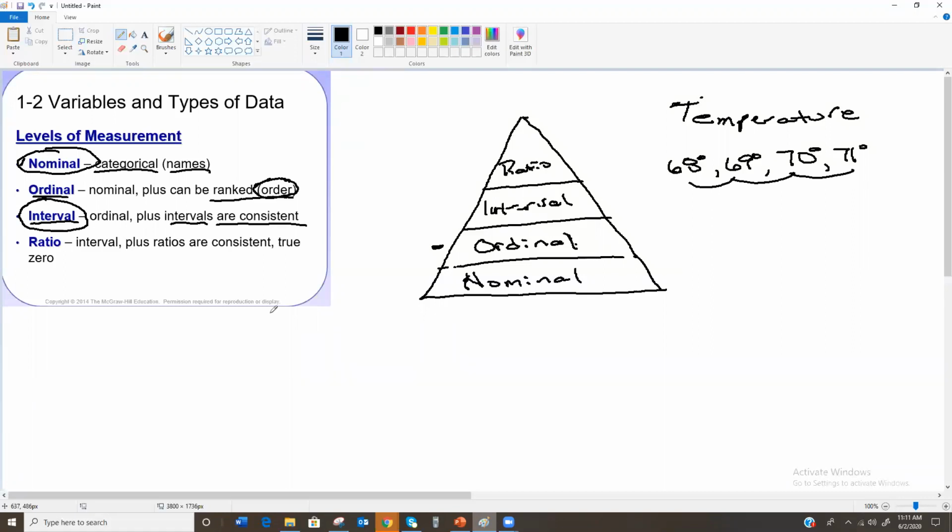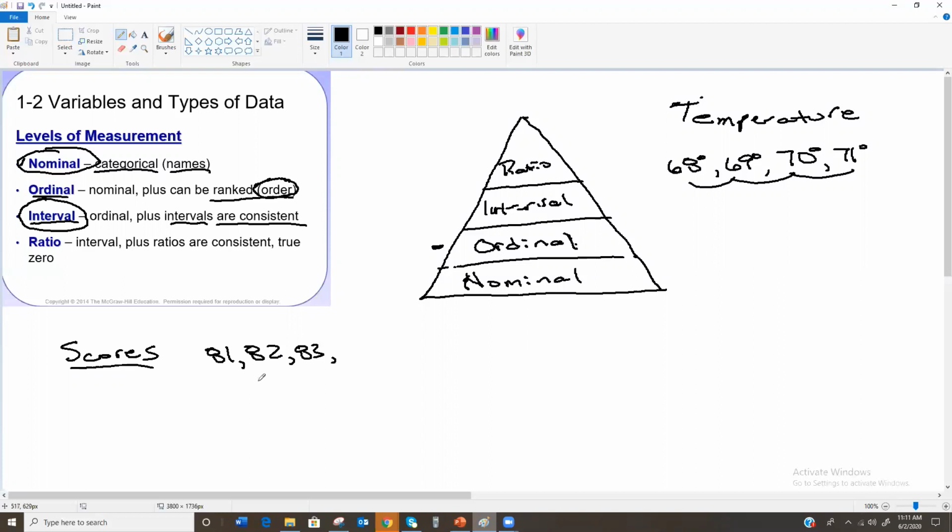Another one they use a lot would be scores on some sort of a test. You could have an 81 on the test. What would the next score be? 82. The next score would be 83. So they go 1 each time.